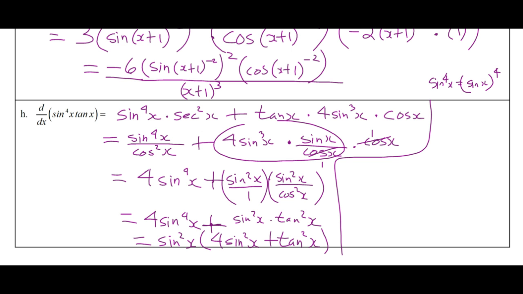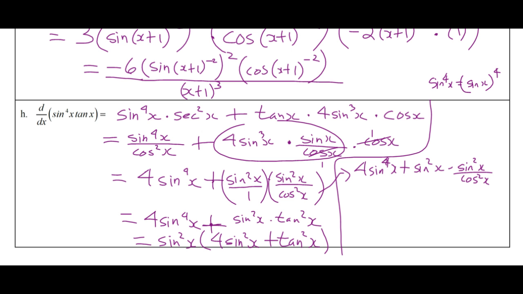So let's say we had 4 sine squared x plus sine squared x times sine squared x over cos squared x. So that's this, right? Sorry, that's 4 sine to the fourth x. Okay, so we've got that line.